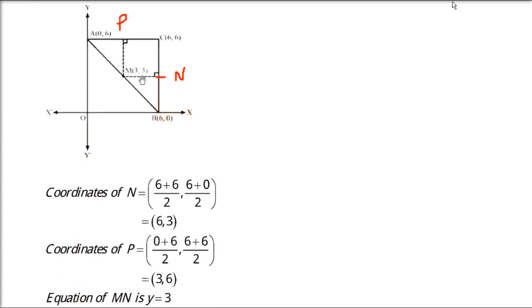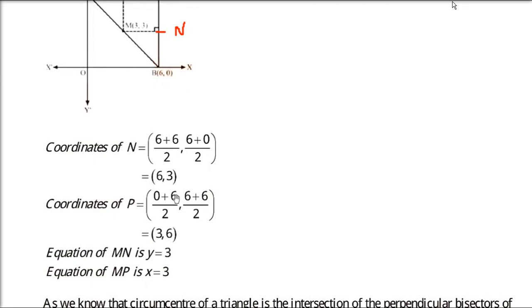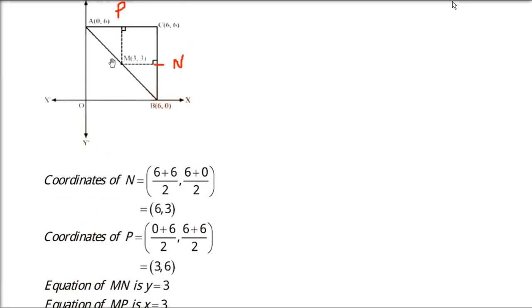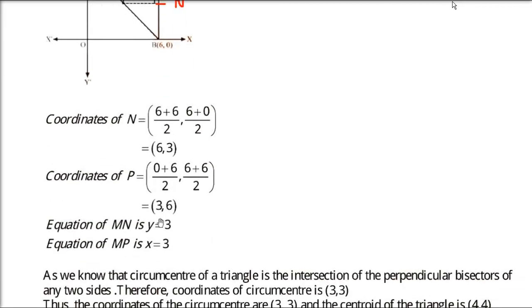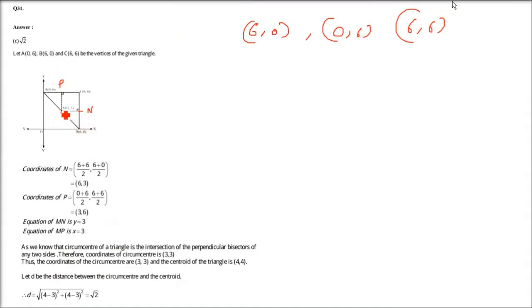Similarly with AC, the line of these two equations, mn. Even if you take pm and mn, the common point will be 3, 3. So 3, 3 is the circumcenter. Actually the equation of mn is y equals 3 and the equation of mp is x equals 3. So the main thing is the circumcenter is 3, 3.